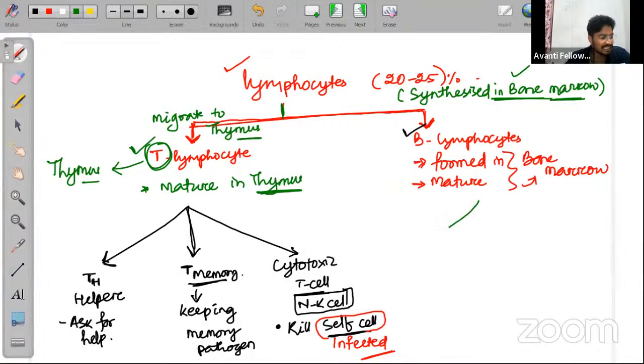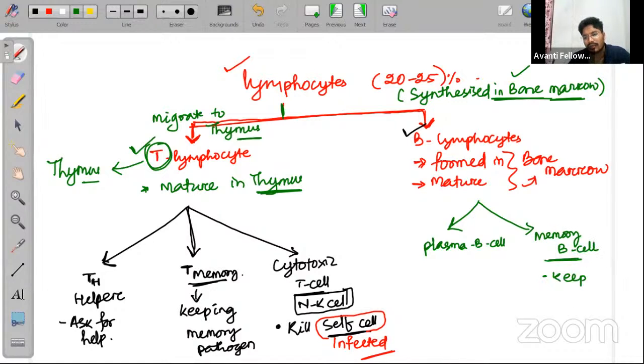Right? Now we'll be talking about the B lymphocytes. This B lymphocytes is again having two categories. First one is your plasma B cell, and another one will be your memory B cell. The role of this memory B cell is very much clear. It will keep memory. ये memory रखेगा.